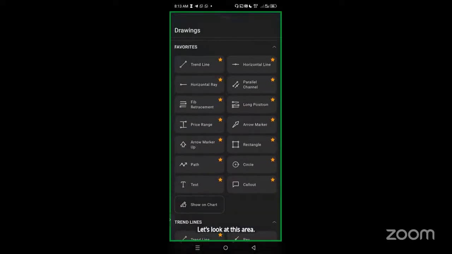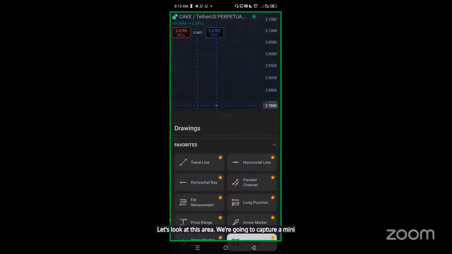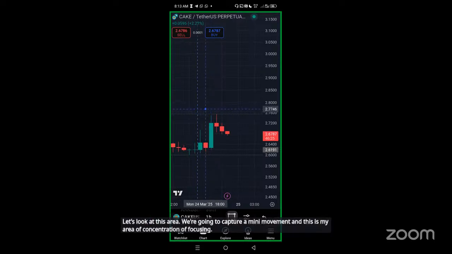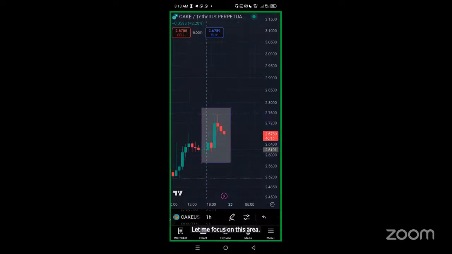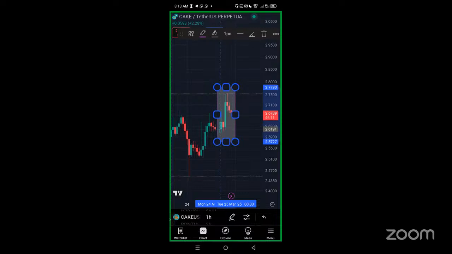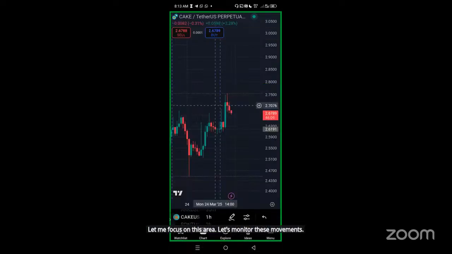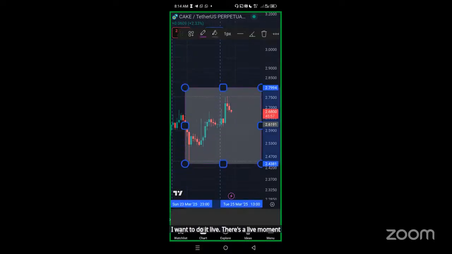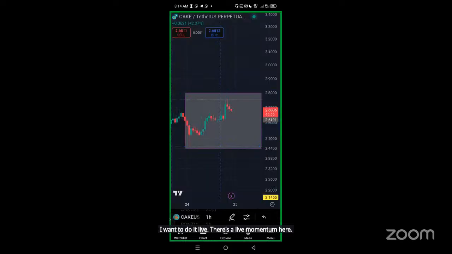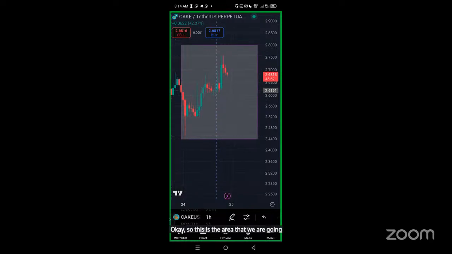We're going to capture a mini movement, and this is my area of concentration and focus. Let's monitor these movements. I want to do it live. There's a live movement here. So this is the area that we are going to focus on.